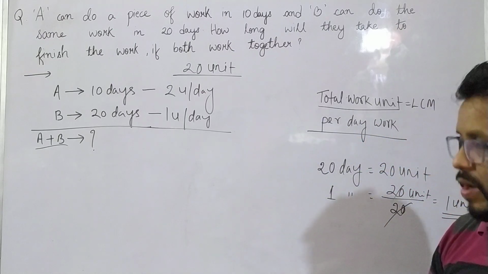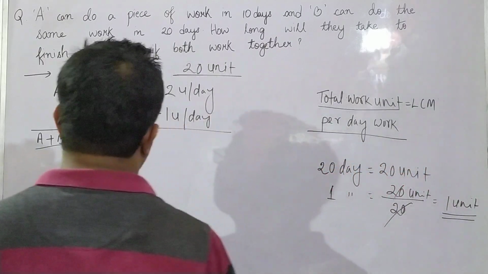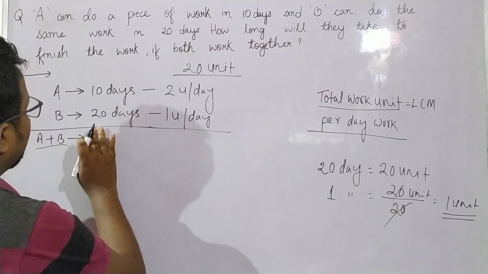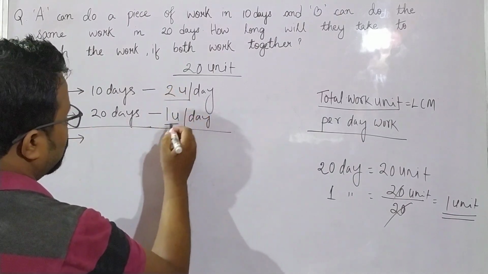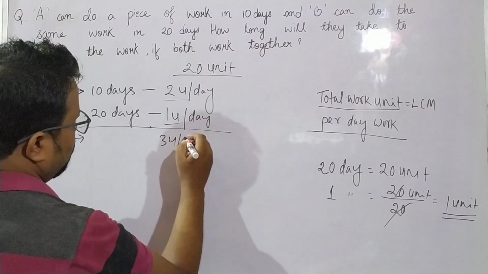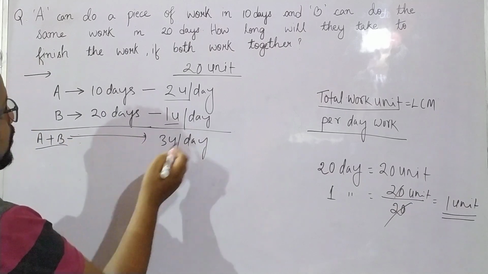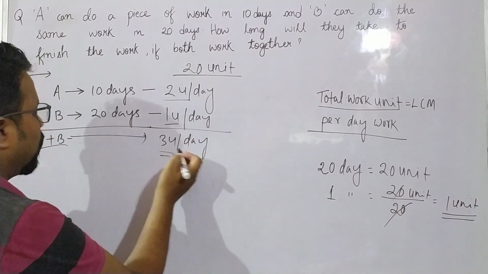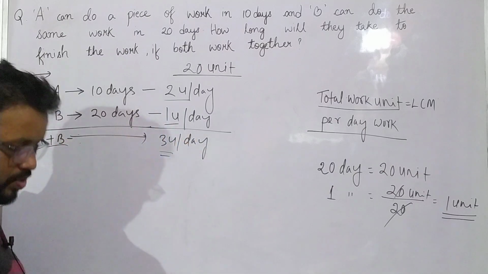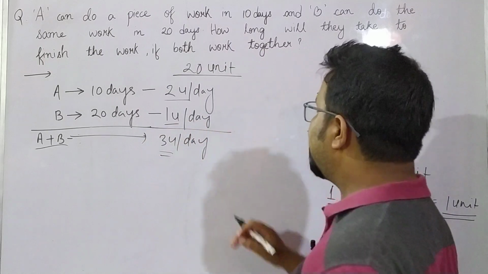It is 2 plus 1, 3 units. So 3 units is the work of both A and B.